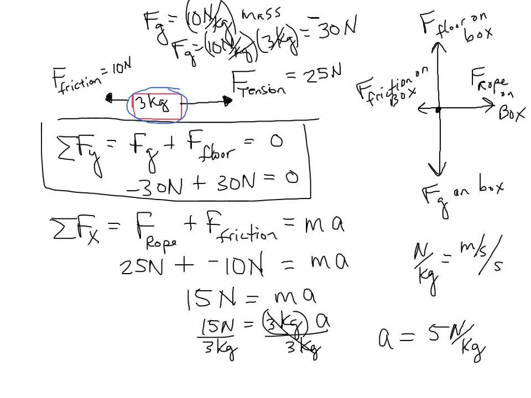So the same unit that we were using for acceleration before is this newton for every kilogram that we see now. So in this case, our acceleration then is 5 meters per second for every second, meaning that this box here is going to get faster by 5 meters per second every second that it's being pulled by this 25 newton force from the rope.